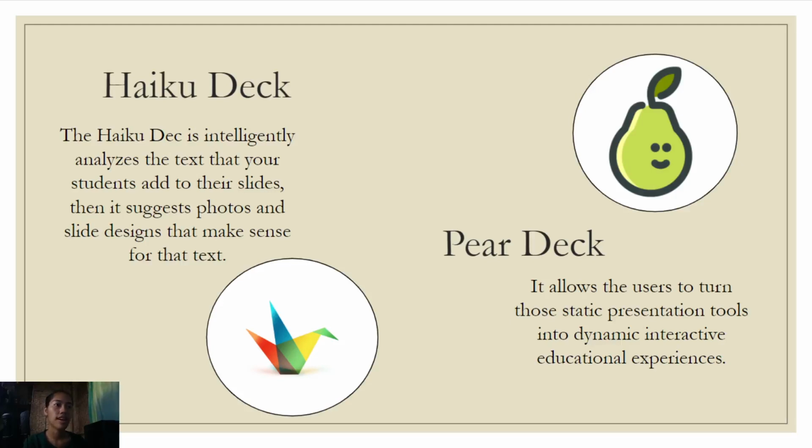While Pear Deck is more like a static presentation tool, where there is something like statistic numbers, and then it gives dynamic, interactive educational experiences. So I found out that Haiku Deck is a free platform. Pear Deck has a free trial, and you will pay for it after the free trial to use it.